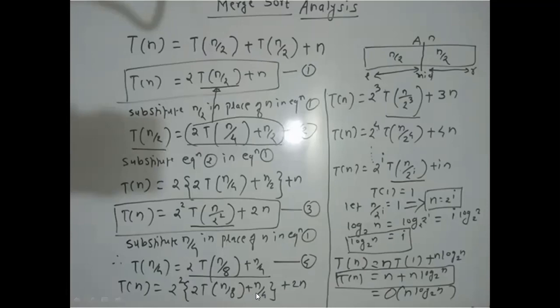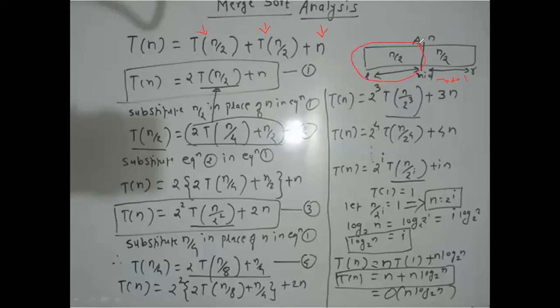All of you see here clearly why I get T of n and how I get the n value. T of n by 2 means I already split the array into two parts, L to mid and mid plus 1 to R. This is my array A. So I divided by 2.